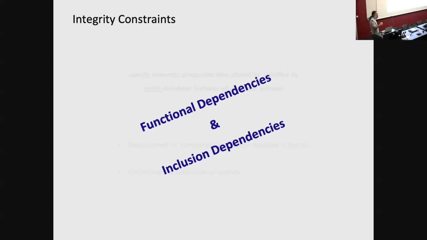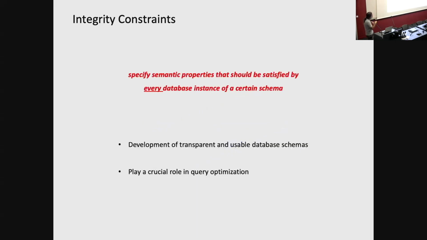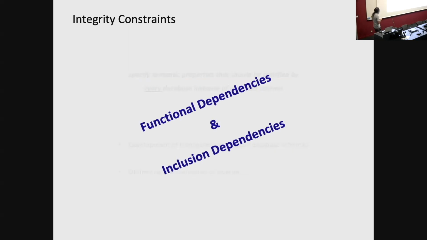These are the constraints I would like to discuss with you today. As I said, there are several other classes of constraints you can find, but today we are going to focus on these two important classes, which allow us to specify semantic properties about our data. So let's see what these functional and inclusion dependencies are.